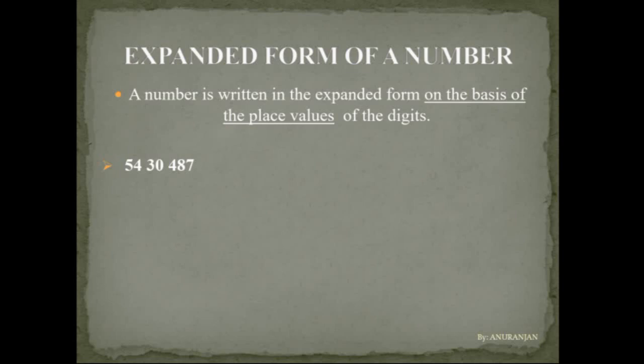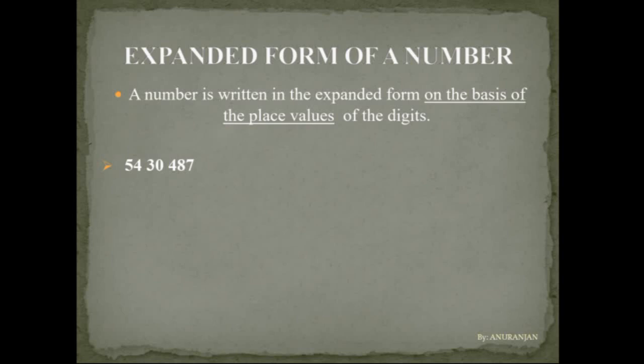So here, if we count the places from the right, 7 is in ones place, then we have 8 in the tens place, 4 in the hundreds place, 0 in the thousand, then 3 is in the 10,000 place, 4 is in the lakhs place, 5 is in the 10 lakhs place. So remember the place value of 5, how we are going to find? 5 multiplied by 10 lakh. Yes.